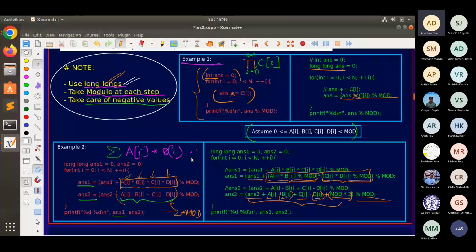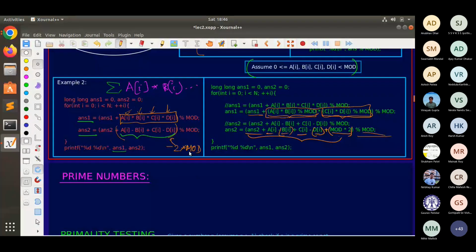Okay, so now let's start talking about prime numbers. So everyone knows what prime numbers are. Can someone just tell the definition of a prime number? A number which has factors 1 and itself. That's right.